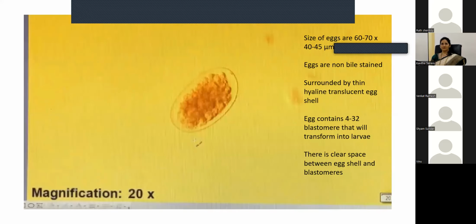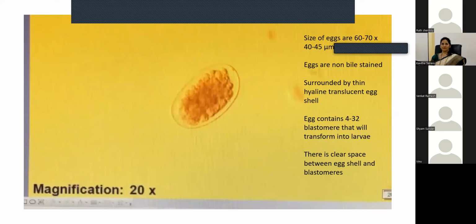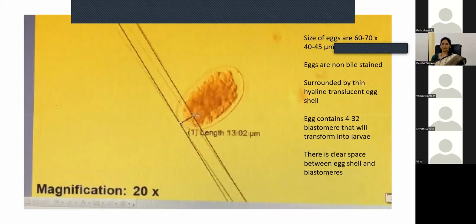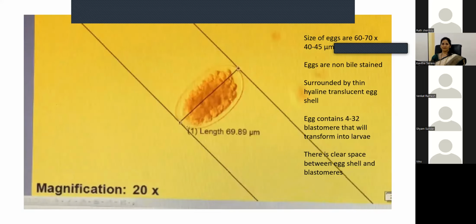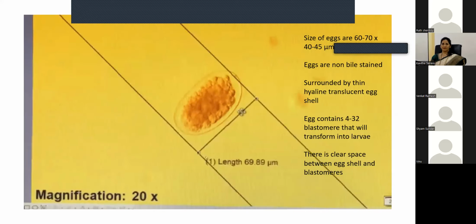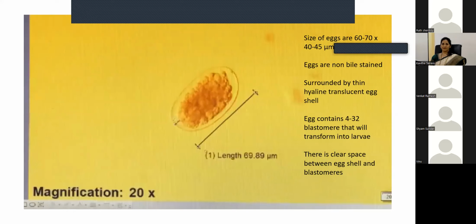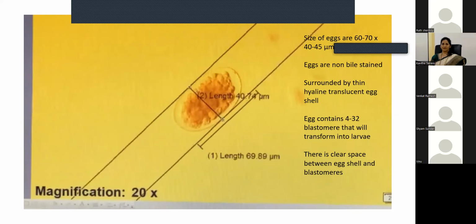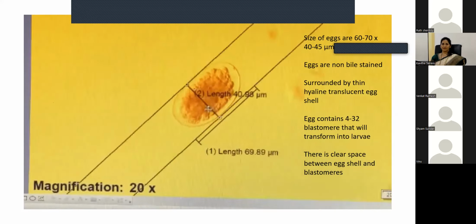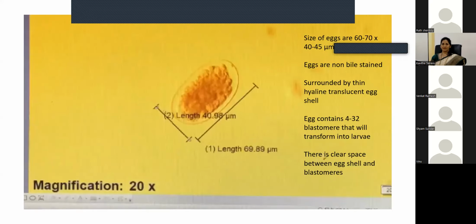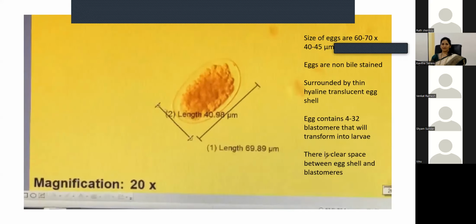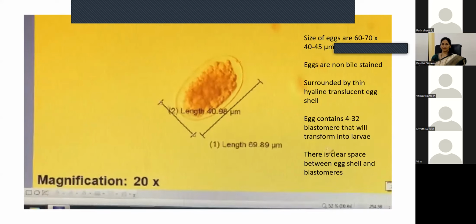They are non-bile stained and surrounded by a thin, highly translucent eggshell. I am measuring the size of the egg with the help of my software. And here you can see 4 to 32 blastomeres that will ultimately transform into the larva. You can see a clear space between the eggshell and the blastomeres.